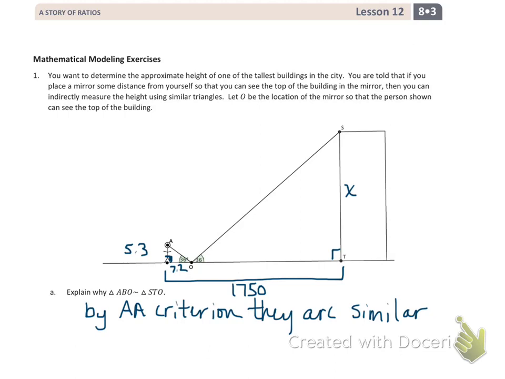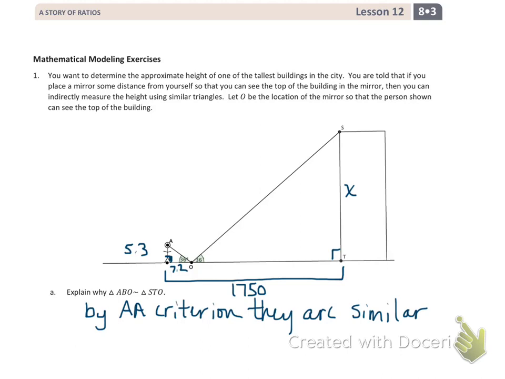It's 1,750 feet from the figure, the person standing there, to the building. The person is 5.3 feet tall, up to eye level. Eye level is 5.3 feet. And the distance from the figure to the mirror is 7.2 feet.